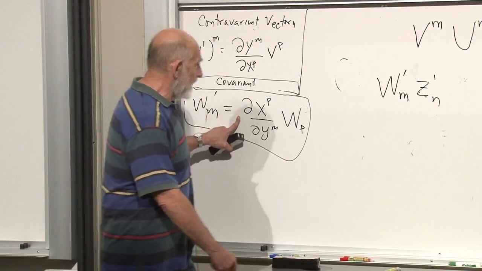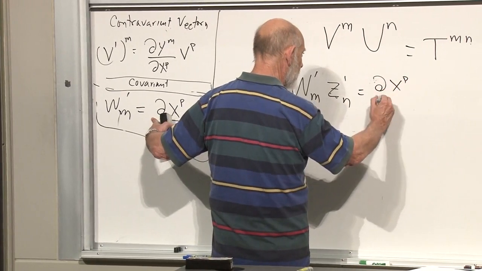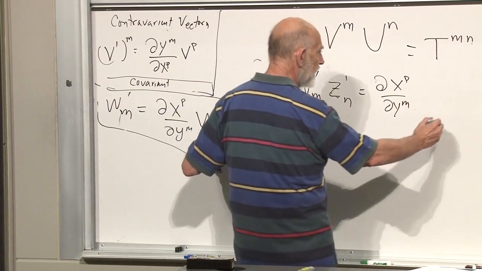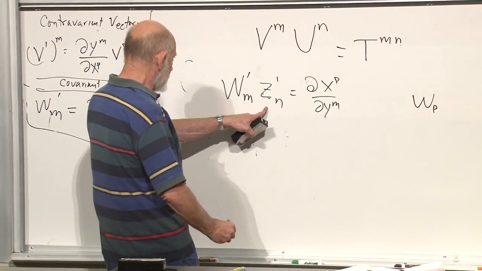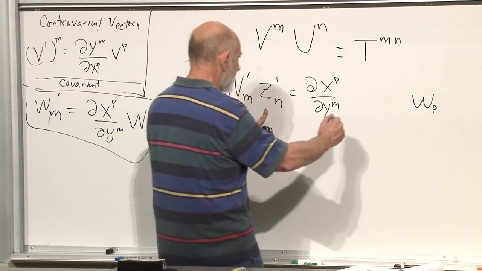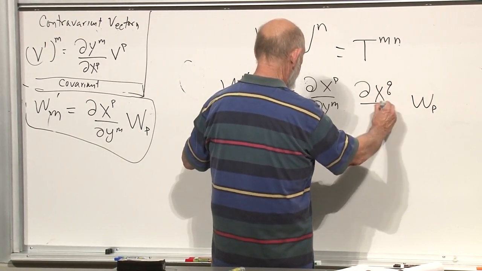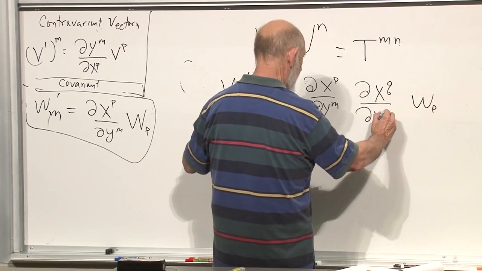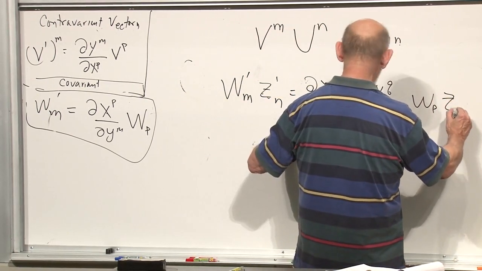W prime m is equal to dx^p by dy^m times W_p. Z prime n, same game, dx^q by dy^n times Z_q.